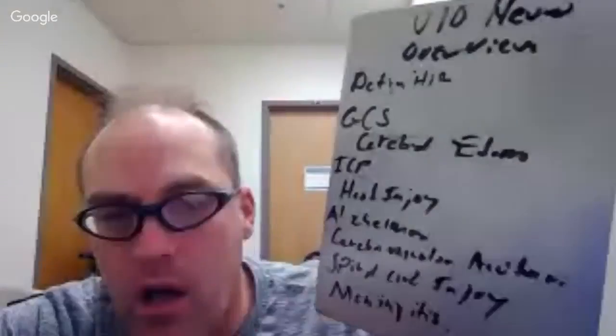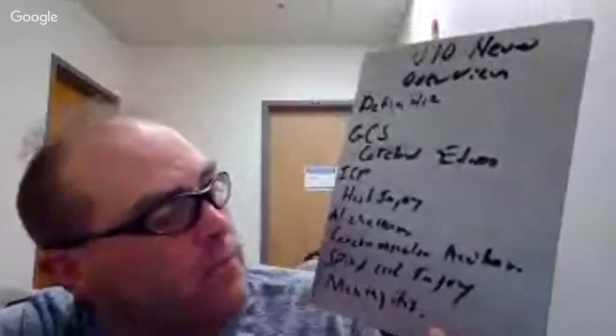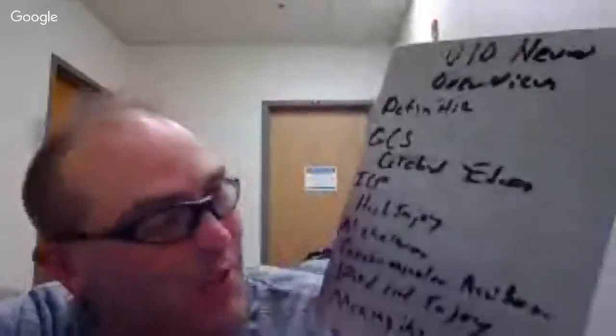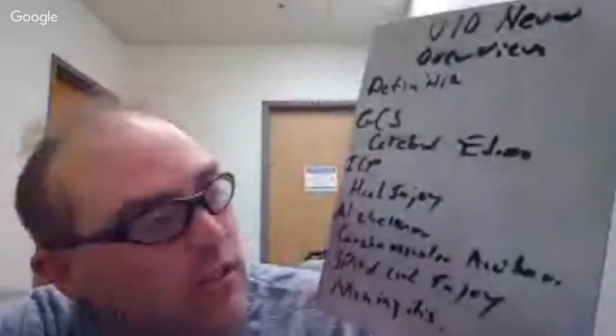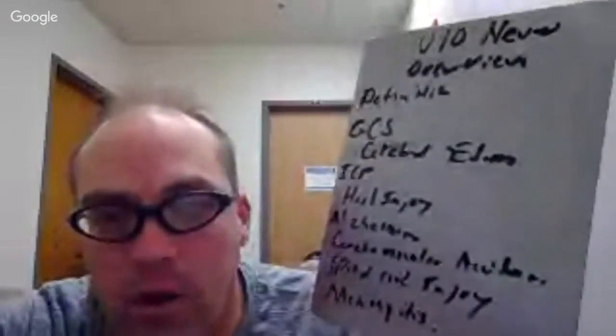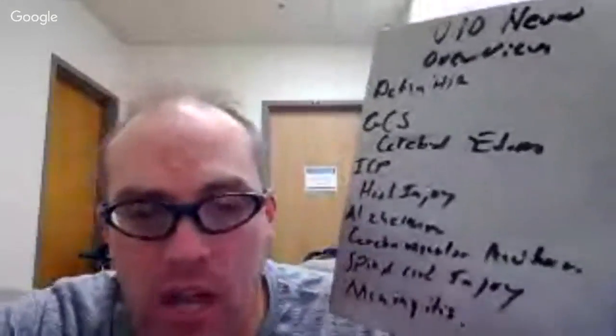Cerebral vascular accidents are next. Spinal cord injuries, so damage to the spinal cord outside of the brain. And then finally, meningitis, what's going on with meningitis. That's major for Unit 10.